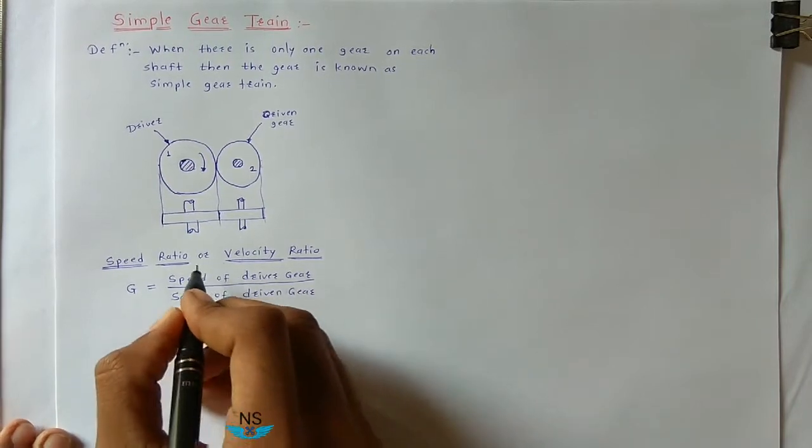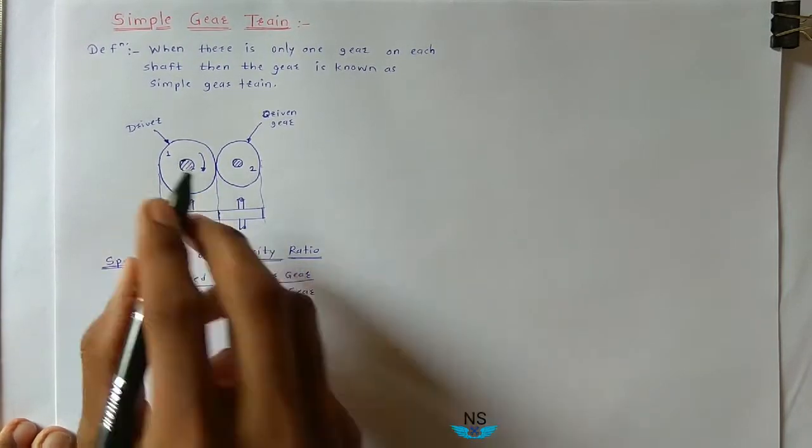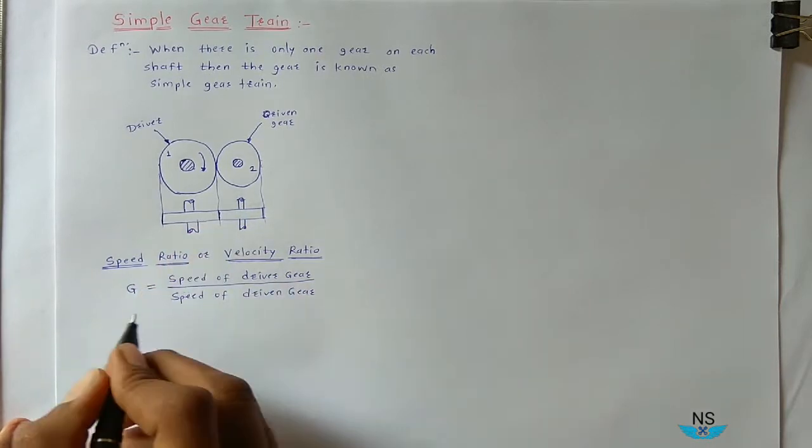So velocity ratio or speed ratio is the speed of driver gear to the speed of driven gear.